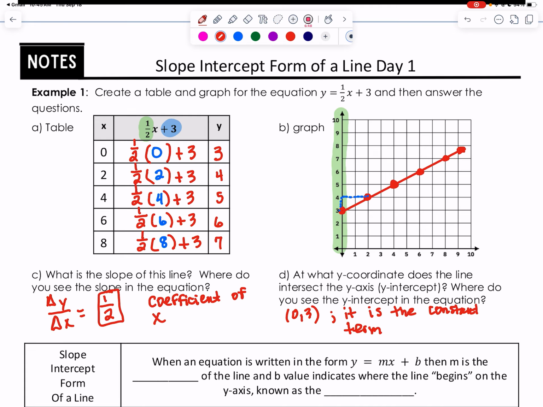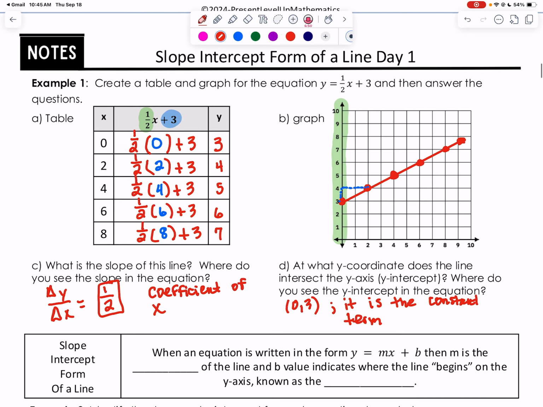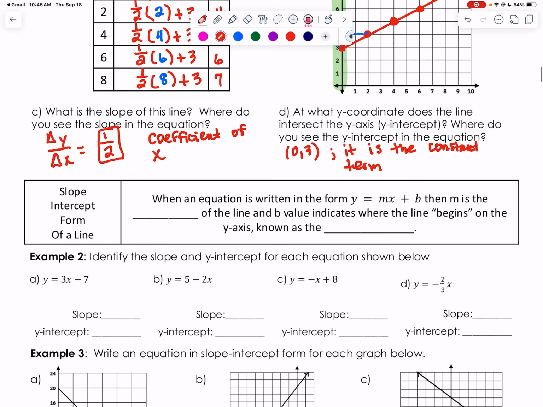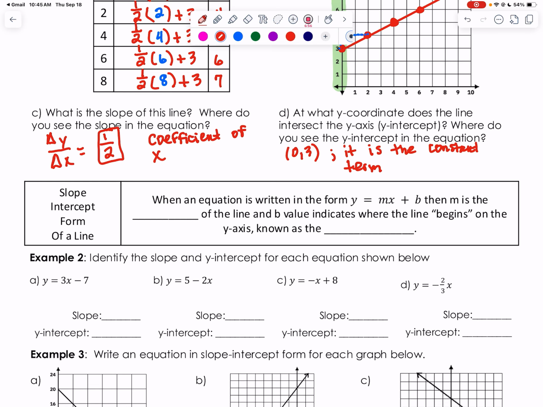Okay? Now, all of this leads us to a very important form of a line that you're going to be using in pretty much every math class you take from this day forward. And that equation is right here, y equals mx plus b. This form is called the slope-intercept form.